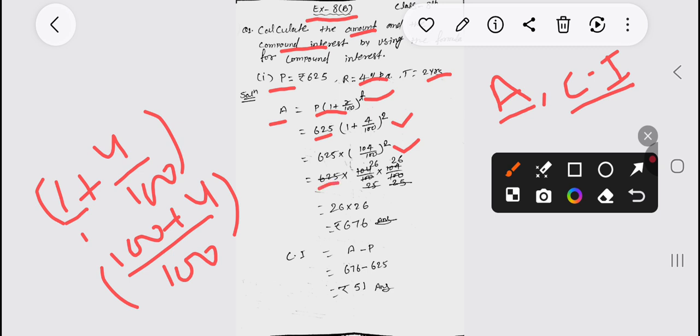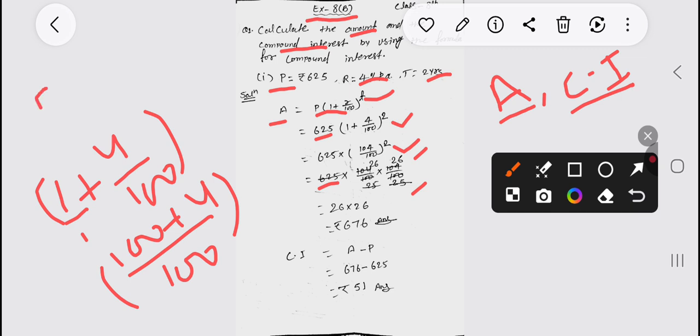Again 625, power is 2, so we will write this term 2 times, 104 upon 100 into 104 upon 100. If you cancel it by 4, 4 2s are 8 and 4 6s are 24, so 26 upon 25 will come. Here also 26 upon 25 will come.